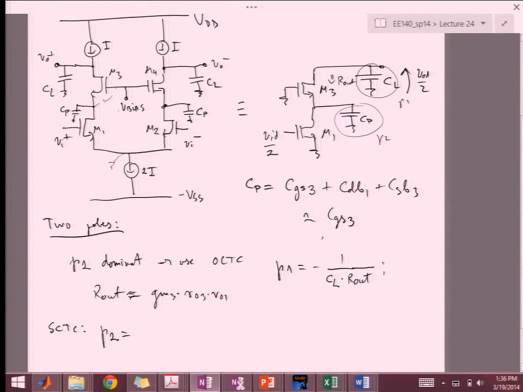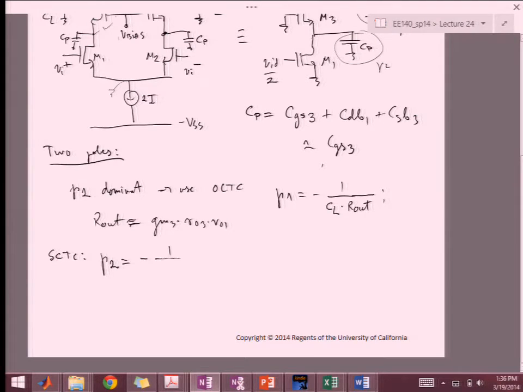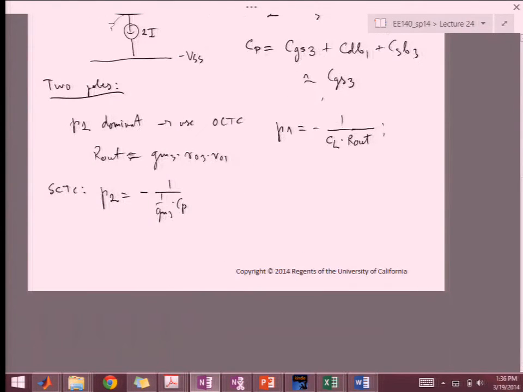This is P1. But at that time, we're assuming that the output is shorted by CL. And so what resistance does CP see? Yep. So it's seeing 1 over gm3 times CP. RO3 is lumped in parallel with that, as well as RO1, but we're neglecting those two, because those should be way bigger.